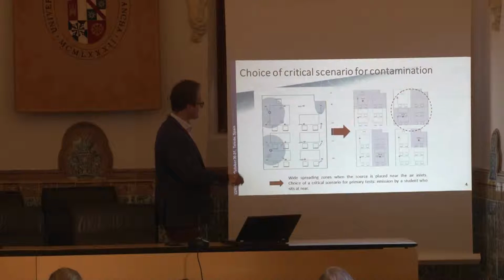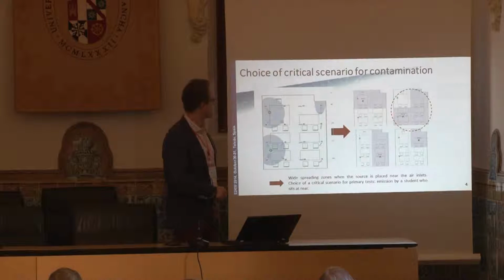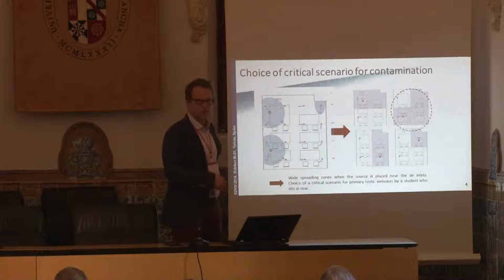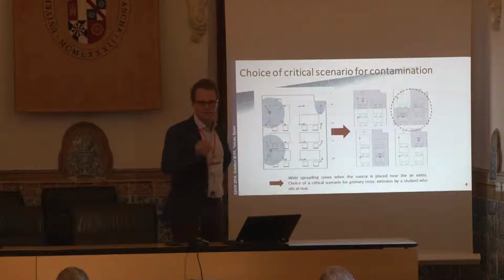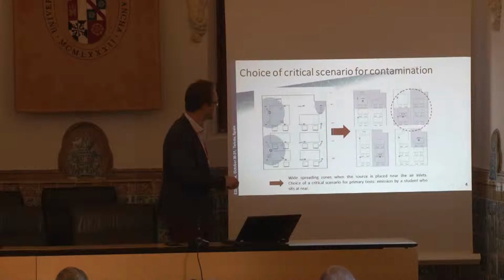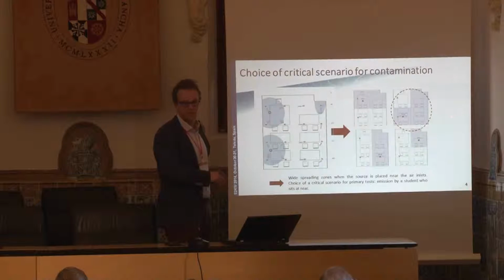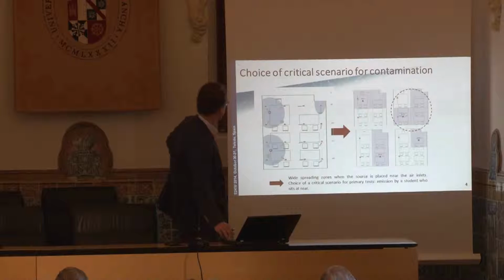On the right part of the slide are different scenarios relative to the airflow distribution when contamination occurs. If you look at this scenario, for example, it means that from the source, the red cross here, almost the entire room would be contaminated with aerosols and droplets. So of course we choose this scenario. It's the most critical one.